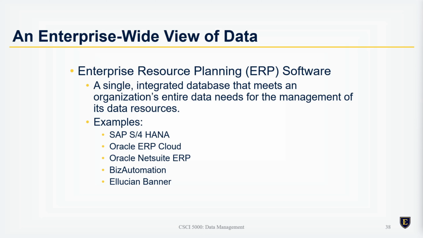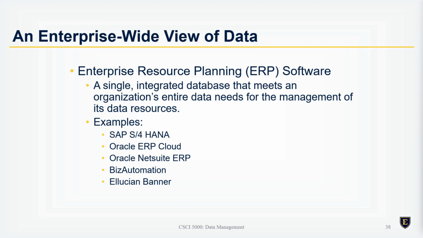And another thing that we need to think about is that central location that we've been talking about. The central location is often enterprise resource planning software. That is a single integrated database that meets an organization's entire data needs for the management of its data resources. And that sounds like it would fix everything, but it doesn't fix everything.